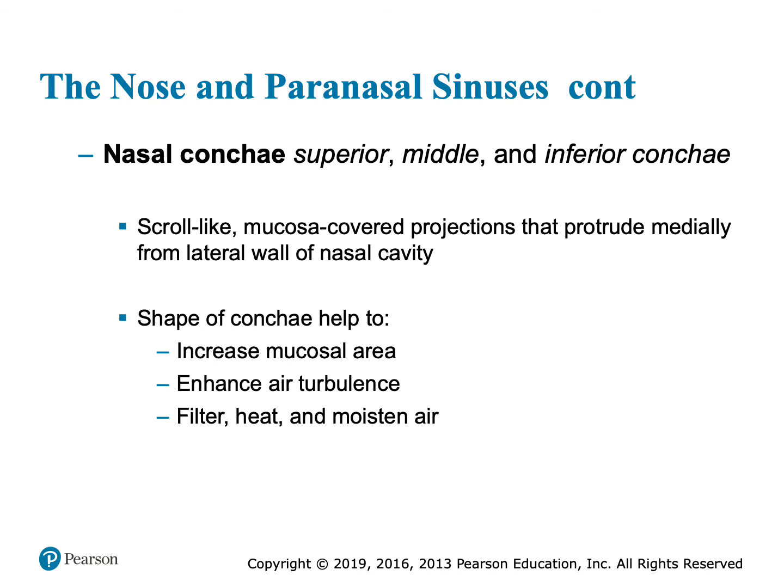Okay. So those little scrolls that I've mentioned before, you saw them in A&P 1. The superior and the middle one are part of the ethmoid bone. Then you have an inferior conchae that's a totally separate bone. And that shape is increasing surface area.